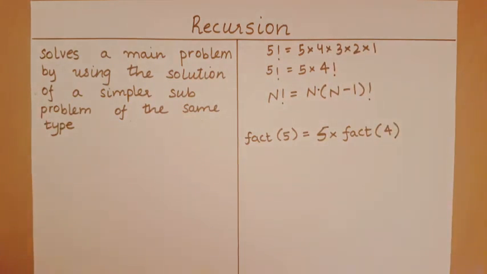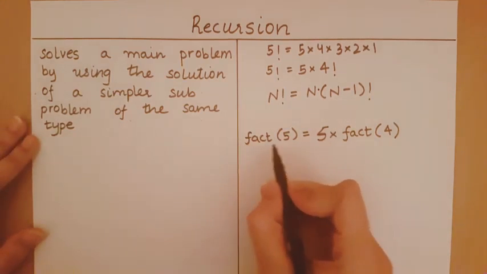So I say that I'm going to call the function factorial and ask it to find the factorial of 5. What the function will do is, the function will say, okay, I will calculate factorial of 5, but I need factorial of 4 because factorial of 5 is equal to 5 into factorial of 4. At this point, the function will make a call to itself.